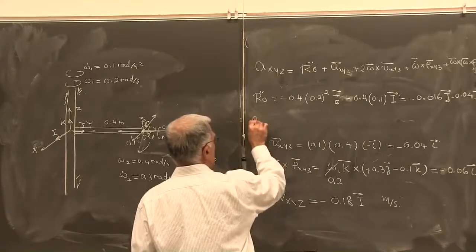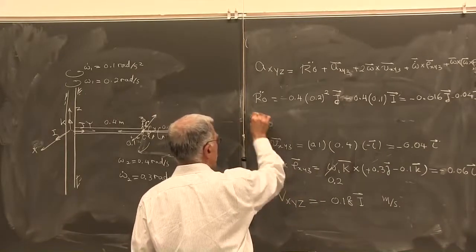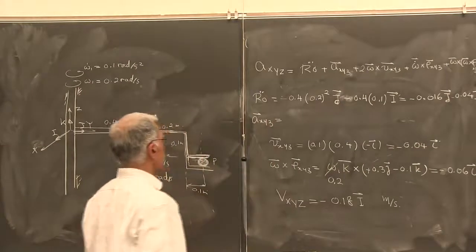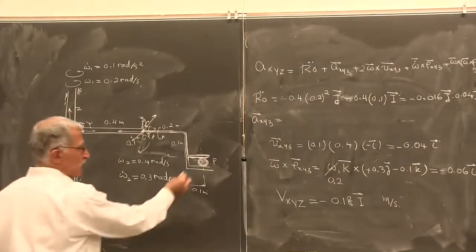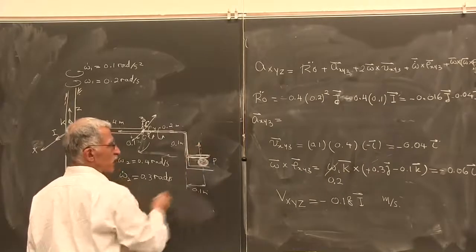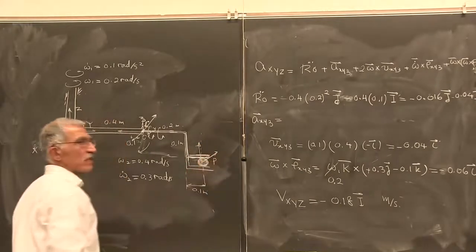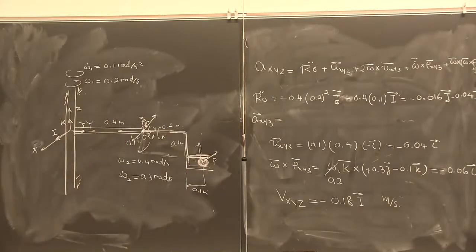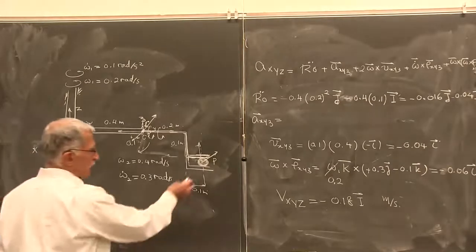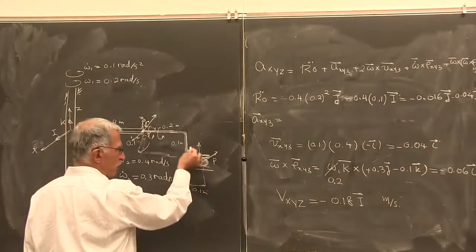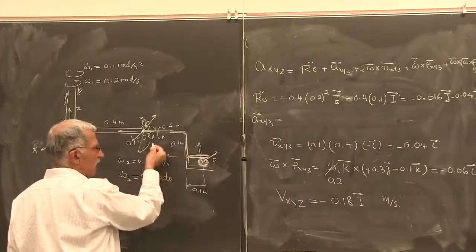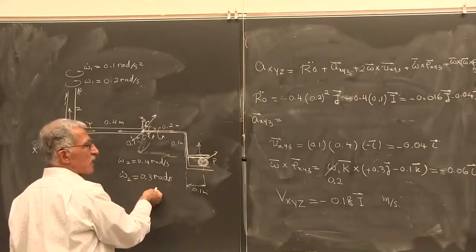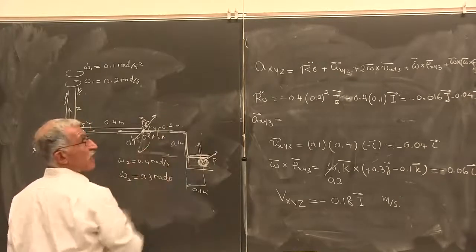Your AXYZ, again, you have two accelerations. One is in this direction, which is a normal acceleration. One is in this direction, tangential acceleration. It goes around the circle. So your normal acceleration would be 0.1 r theta omega number 2 square, and the direction of k.